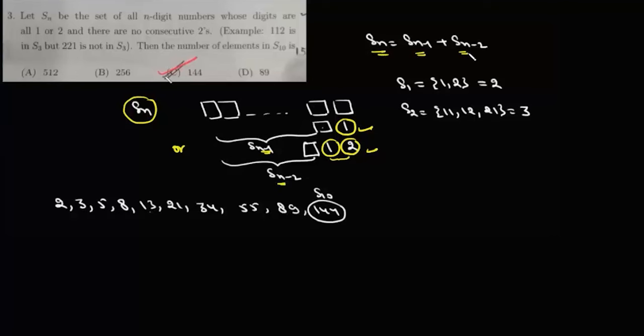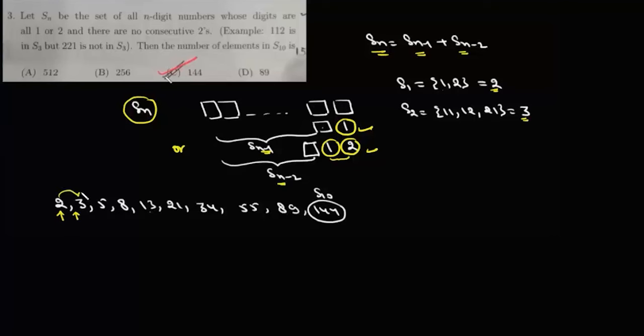In order to find the value of S10, first we'll find S1 and S2. S1 is when we have only one digit, so there'll be two such numbers, either 1 or 2. And for S2, it'll be 11, 12, 21, but not 22. So S2 is 3. So this is your S1 and that's your S2.